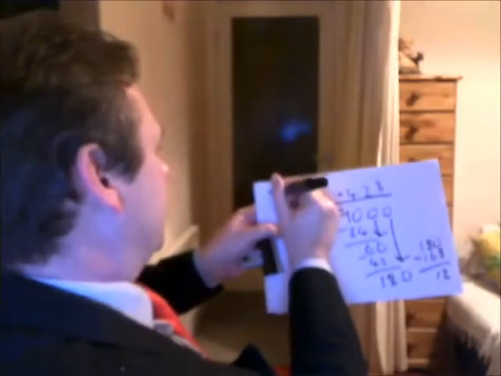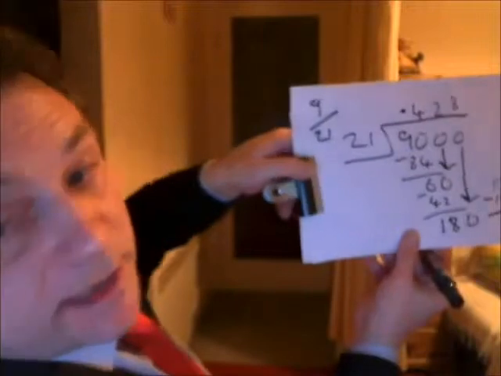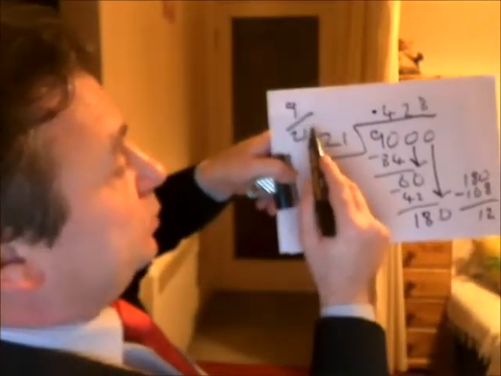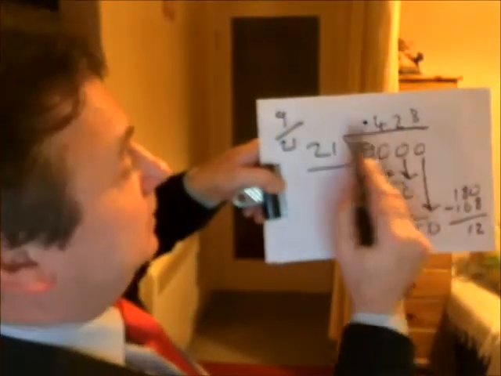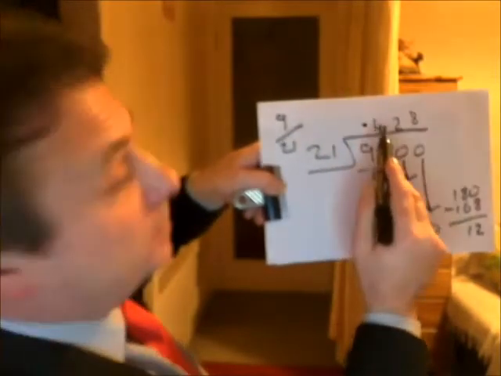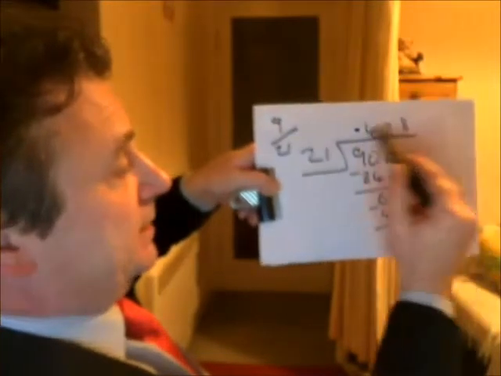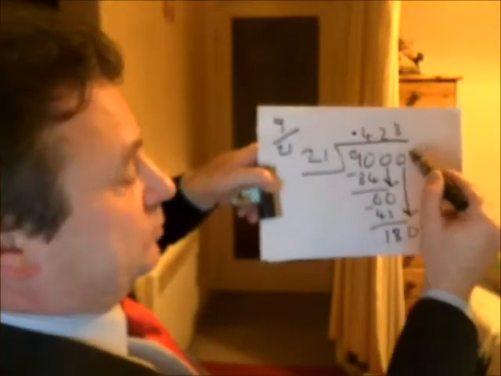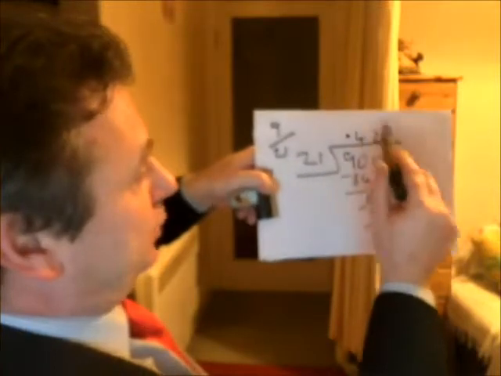Right. So we know that 9 over 21, okay? 9 over 21 is equivalent to 0.428. 9 into 21 is equivalent to 0.428, and you could have shown the decimal figure as a longer figure by just adding more what we call trailing zeros. 9 over 21 is 0.428.